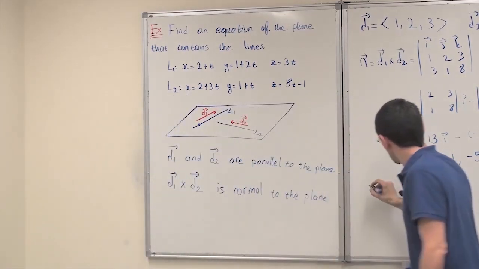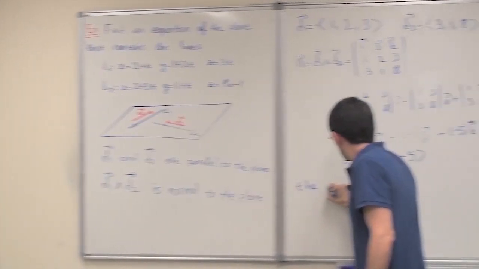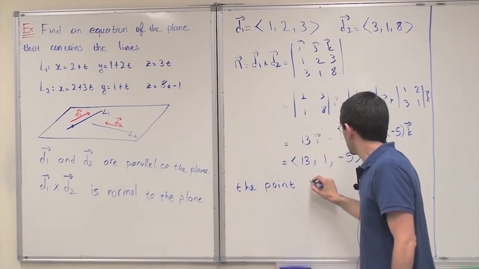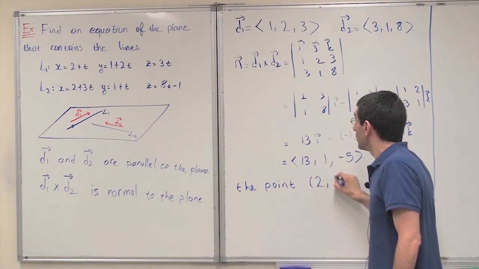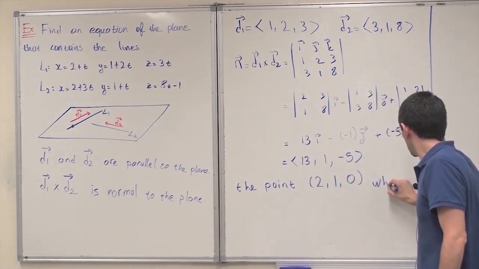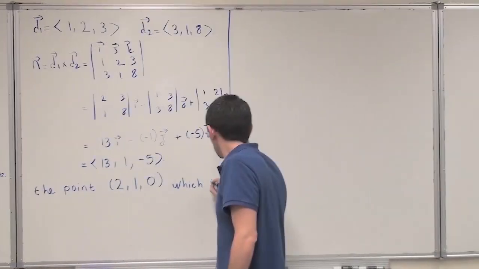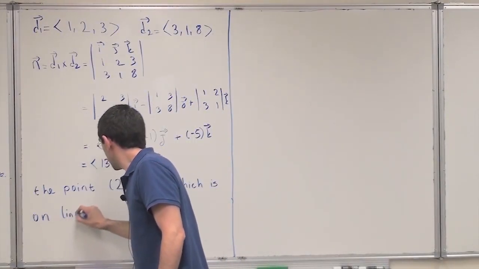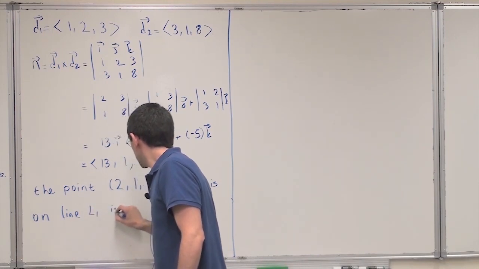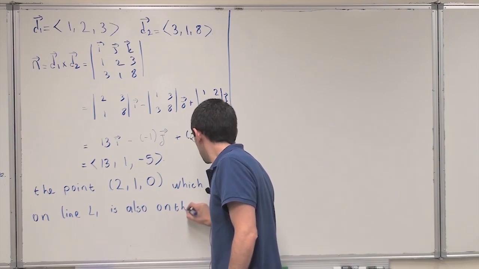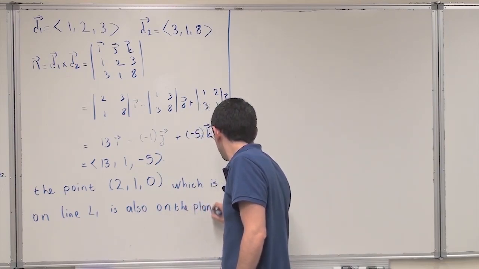So the point 2, 1, 0, which is on line L1, is also on the plane.